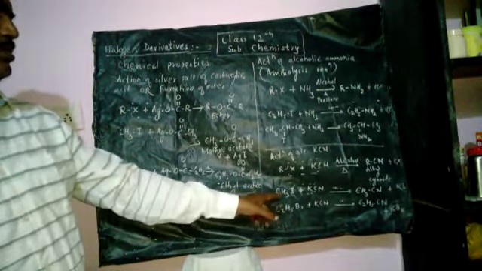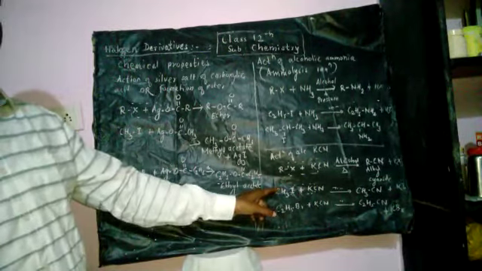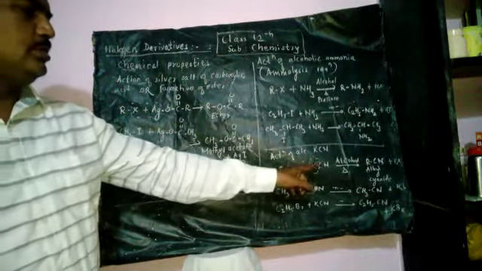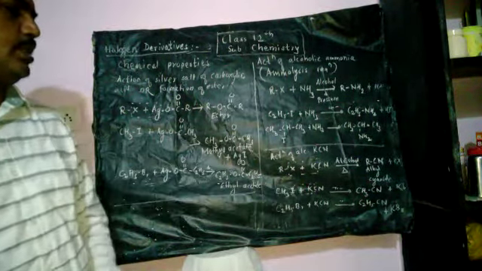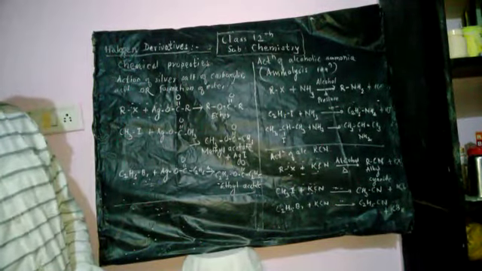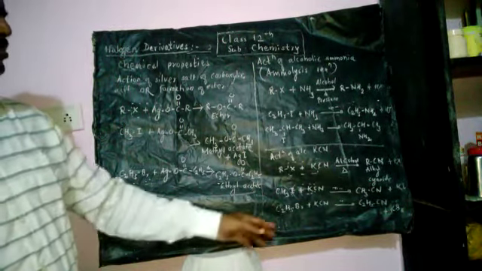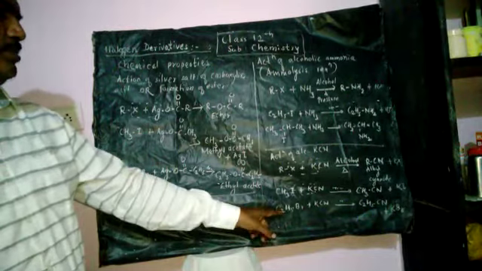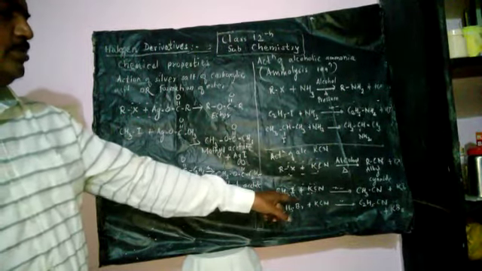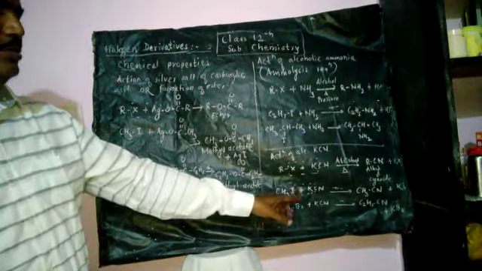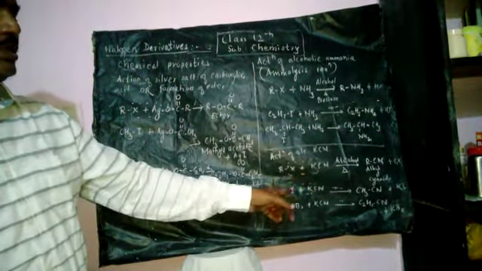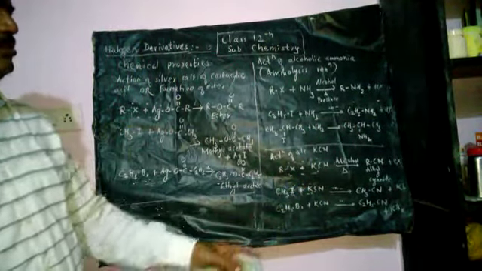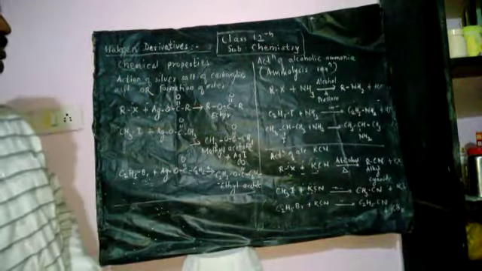For example, when methyl iodide is heated with alcoholic potassium cyanide, then methyl cyanide is obtained. Also other example, when ethyl bromide is heated with potassium cyanide, then ethyl cyanide is obtained, and side product is potassium bromide.